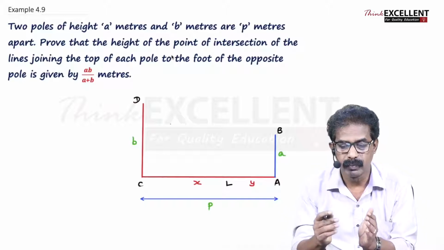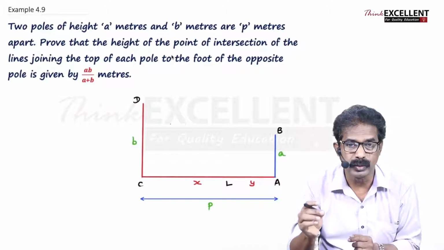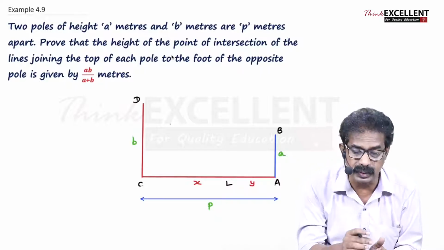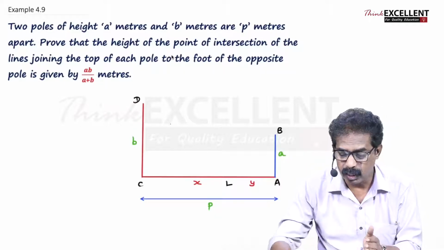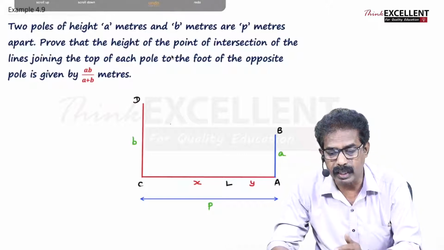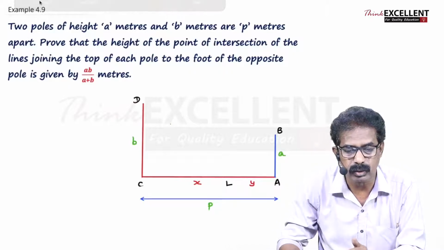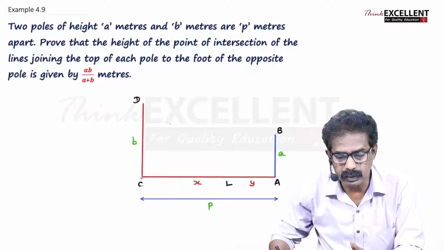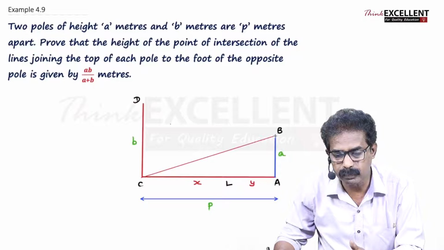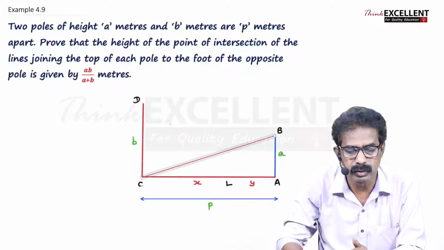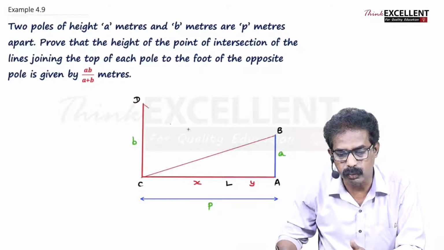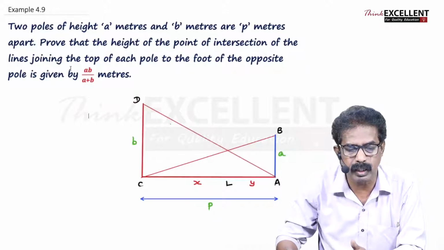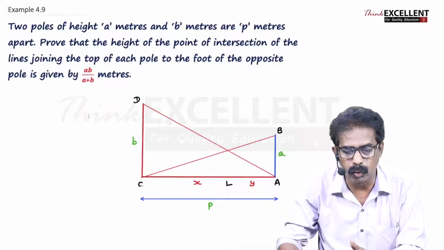Suppose if you take AB's top, that is B, you join with the base, the foot of the other one, that is C. You join B and C, also you join A and D. So they are intersecting at some point, and that point we take it as say O.